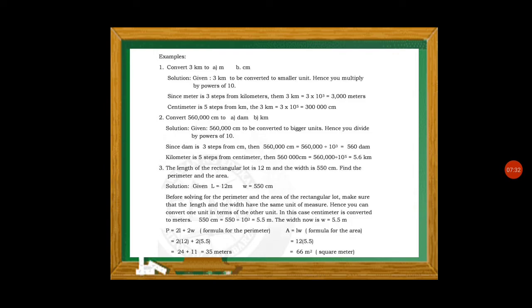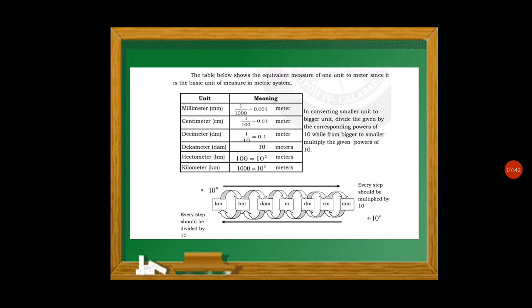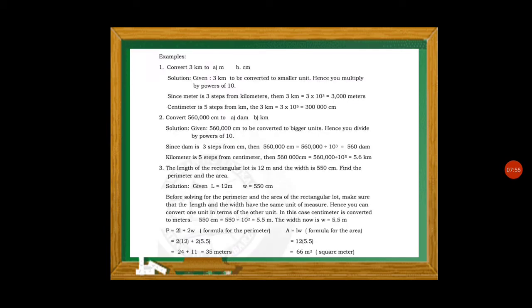So to convert, all you have to do is to refer to the given table, such as this one. So you have to look for this table as reference for converting length measurements, unit of measurements.